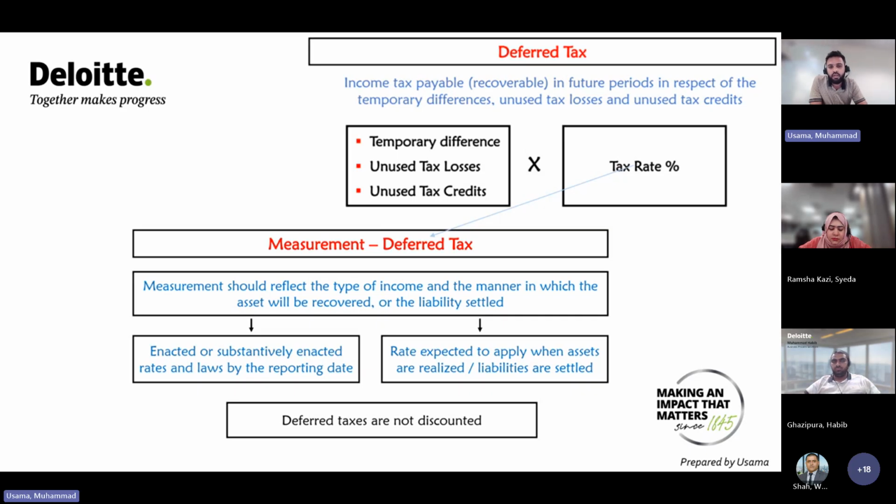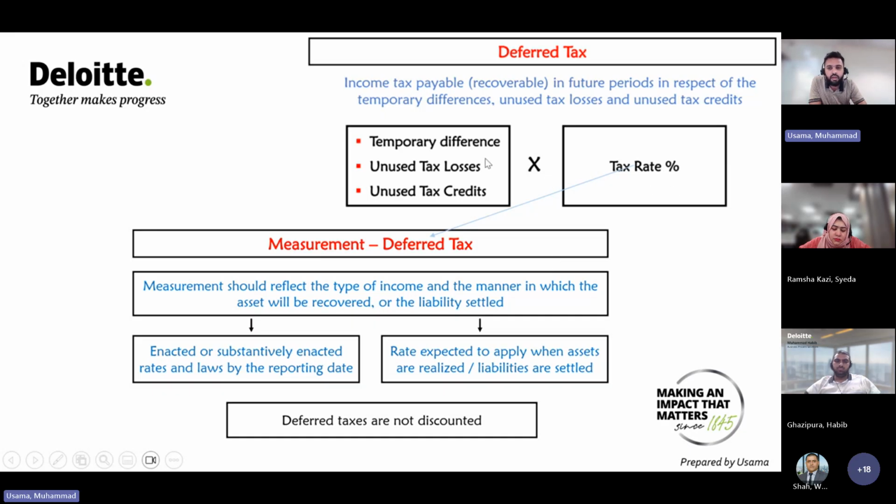But for the deferred tax, we use the rate which is expected to apply when the asset is realized or the liability is settled. Because deferred tax will be settled in later years, if there is any change expected in the tax laws, we need to take the rate applicable in the future years.